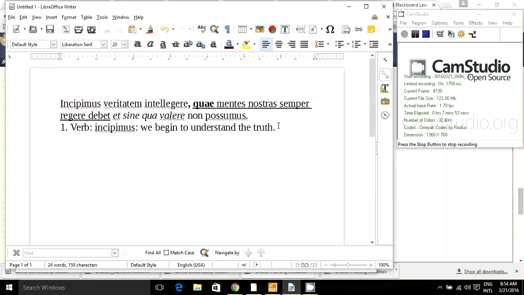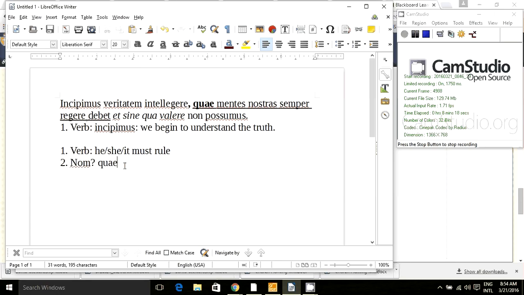Now, in the second clause, we're going to start our process all over again: find the main verb of this clause. Debet. He, she, it must. Must what? That also takes an infinitive. Must regere. Must rule. Okay. Is there a nominative to go with it?